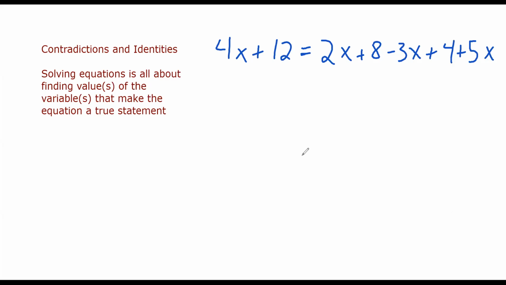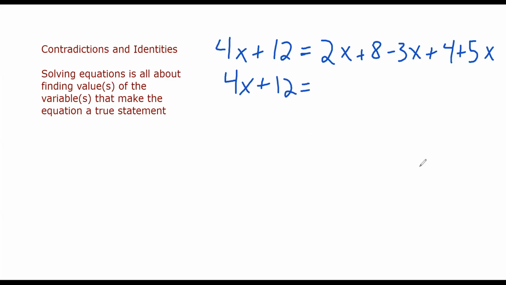What should I do? Exactly. The left-hand side is pretty much fine for the moment. There's not really anything we can do just yet. The right-hand side, I've got 2x minus 3x plus 5x.